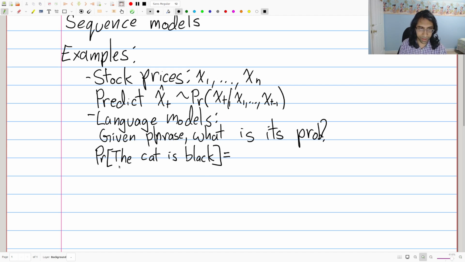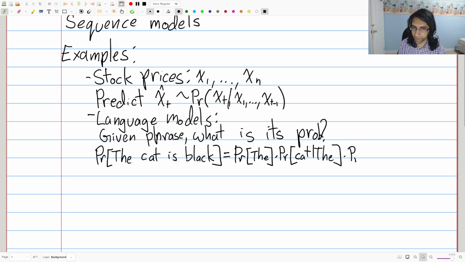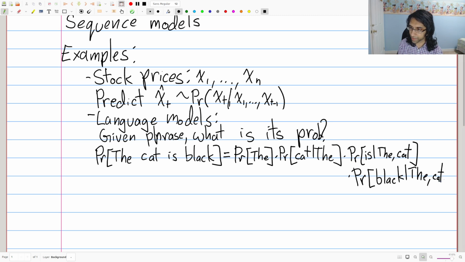So the thing about this probability is we can break it down into its components, where we have the probability of seeing the word "the," times the probability of seeing "cat" given "the," times the probability of seeing "is" given "the cat," times the probability of "black" given "the cat is."